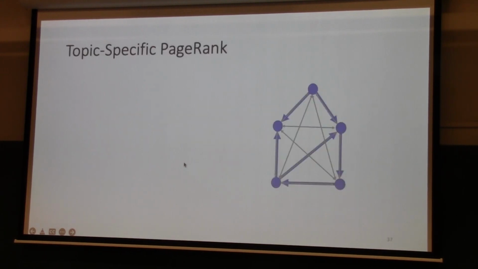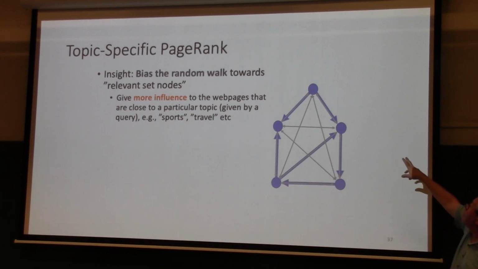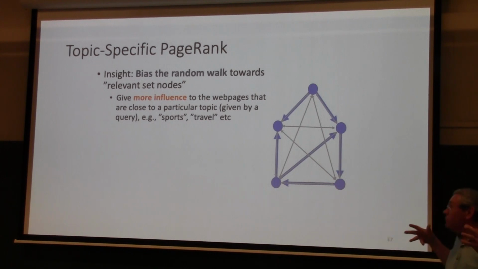So beyond PageRank, first topic-specific. I have some graph here with the heavy nodes and the heavy links and the light links. But I'm interested in some kind of topic. So I want only to look at the good pages in a particular topic. So how do I do that?